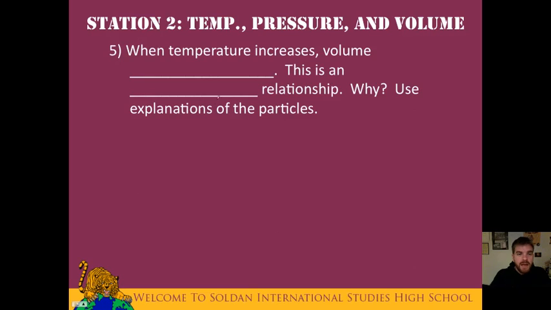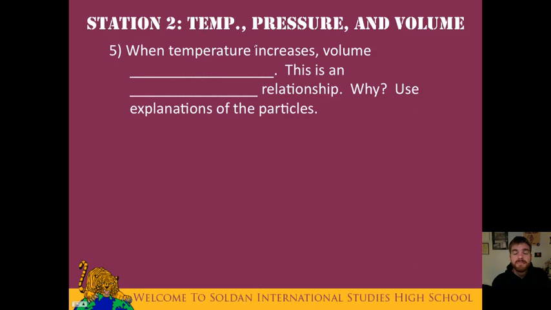Number 5, when temperature increases, volume blank. This is a blank relationship. Why? Well, I think the best example for this is the balloon. When we put the balloon in a freezer, the size of the balloon, or the volume of the balloon, decreased. And that's because the particles are moving slower.